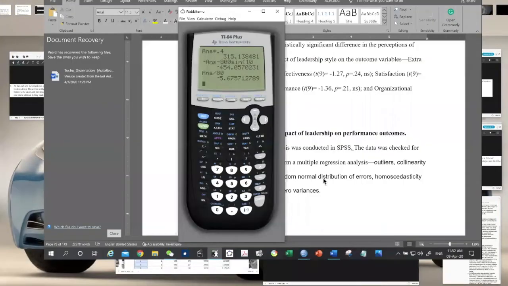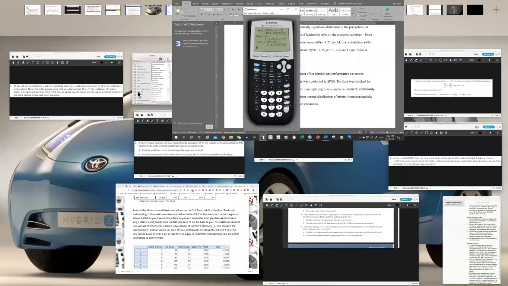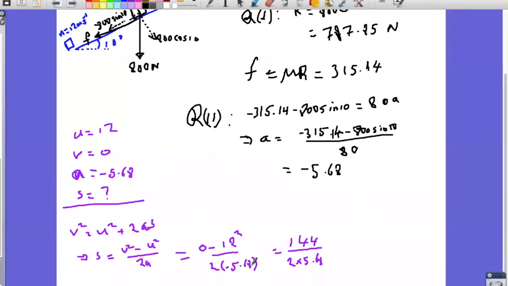I do the calculation, 144 divided by 2 times 5.68, and I get 12.68 meters.